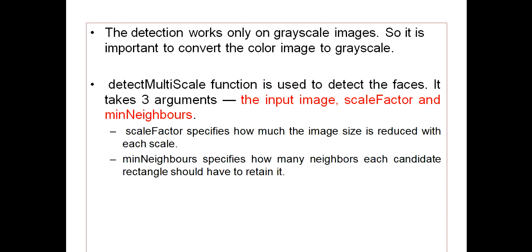I know you are all aware of what a neighbor is. I have already explained it in one of my previous lectures, so you see now the practical use of neighbors. So the three arguments in detectMultiScale, with M capital and S capital, are input image, scale factor, and minNeighbors. Clear?